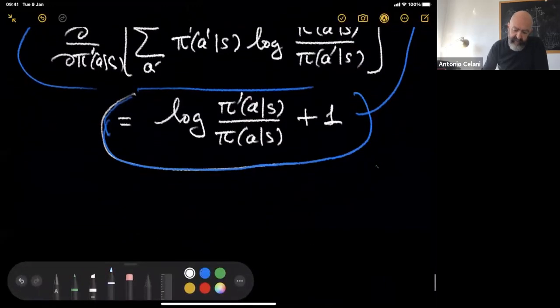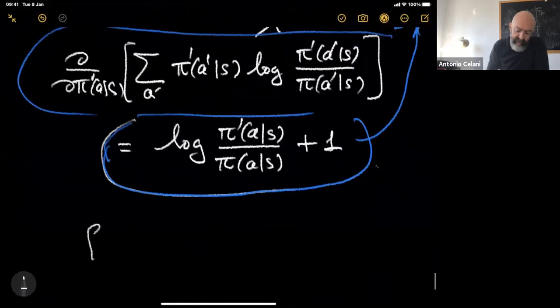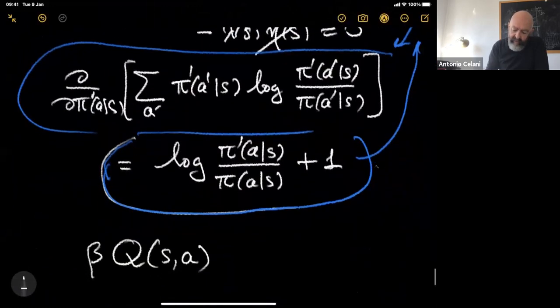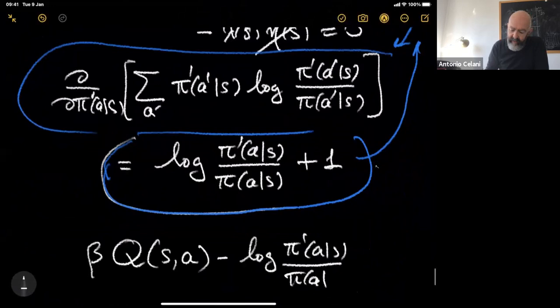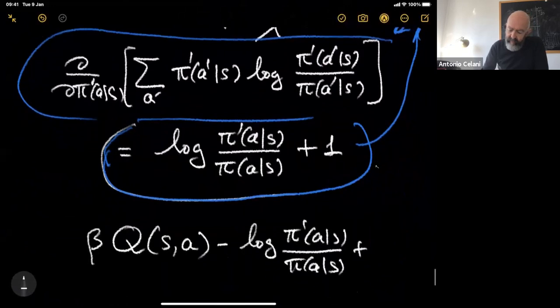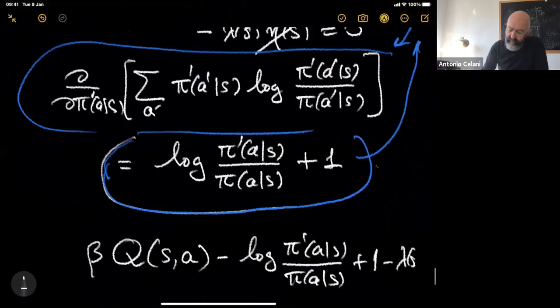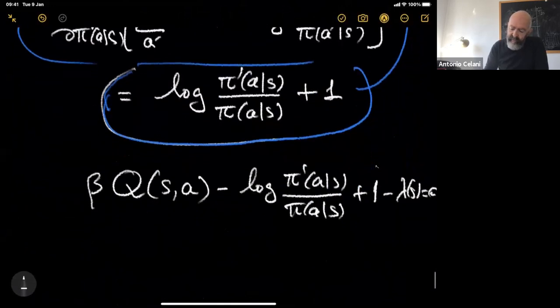Well, I find beta q s a minus log pi prime a s plus 1 minus lambda s equal to 0.